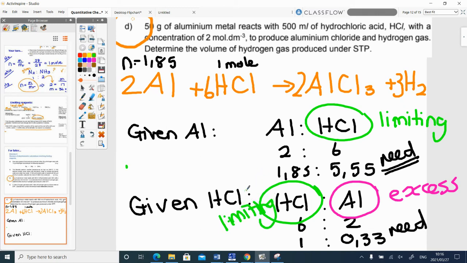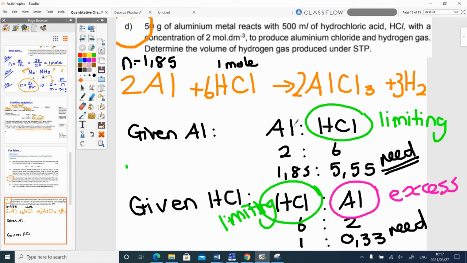Does this make sense, guys? It feels as if some of you are understanding this for the first time. Yes. Wow. Wait, what value did you use in determining limiting reagents? What did you look at to figure out that HCl was limiting? You work out how much you need.